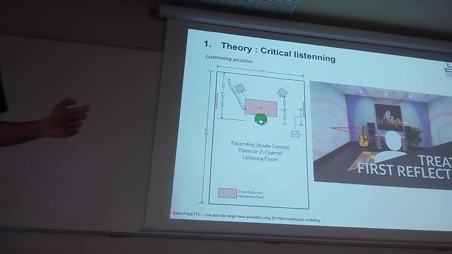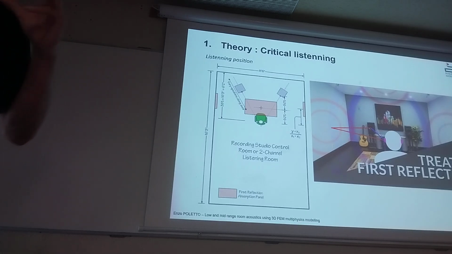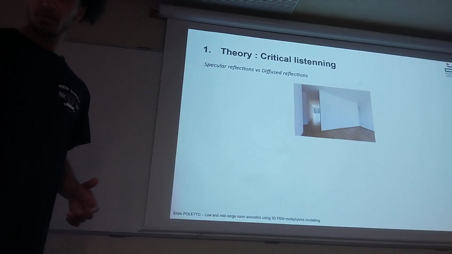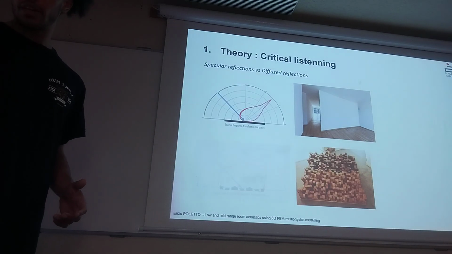When the speaker is emitting sound, you have the direct path, but there is also a path that we don't want, which is the specular reflecting path. The sound wave bounces against the wall and arrives at our ear with a slight delay, and we don't want that.